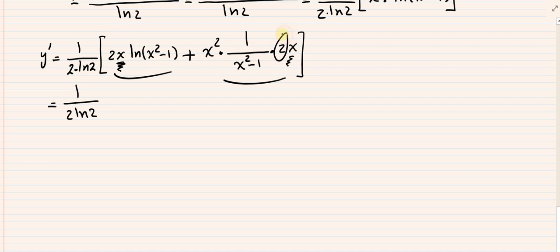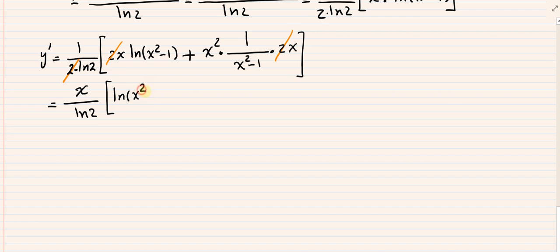So those 2's actually can cross out. So I'm crossing the 2's out and factoring the x. So this is going to make this x divided by natural log of 2 times ln of x squared minus 1 plus x squared divided by x squared minus 1.